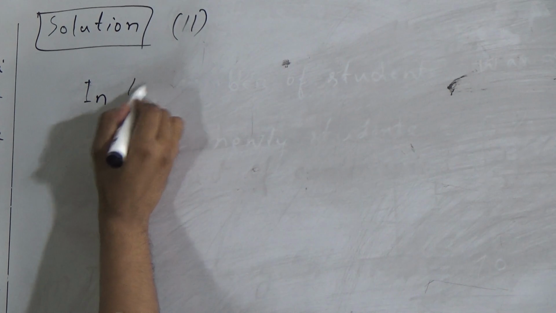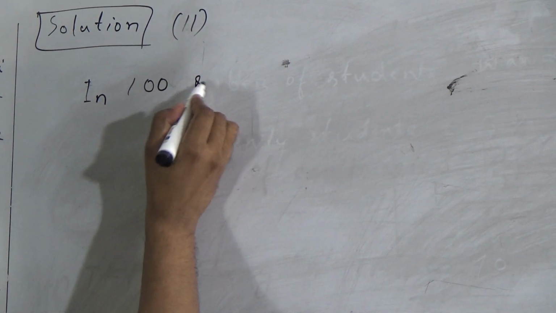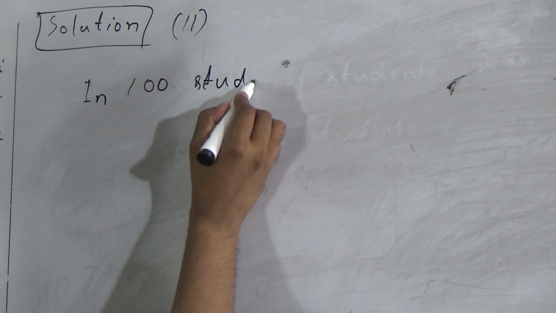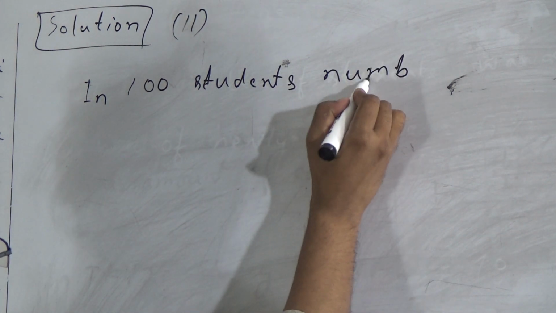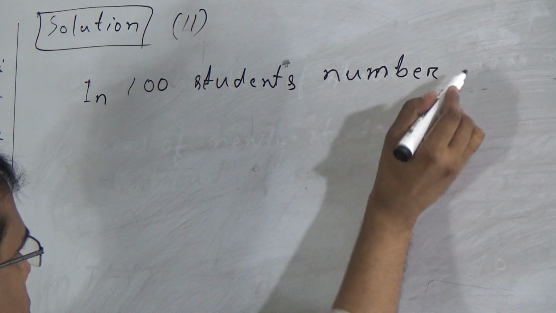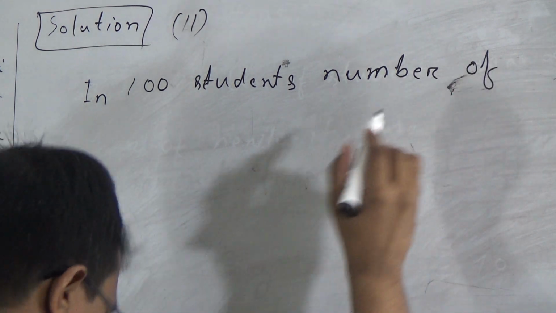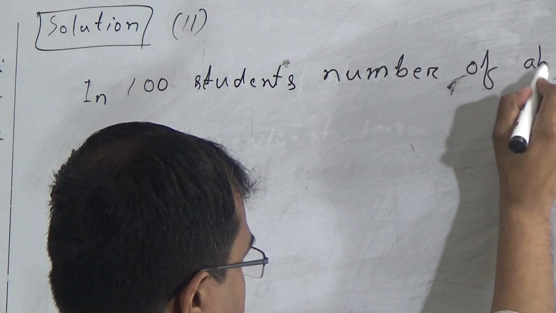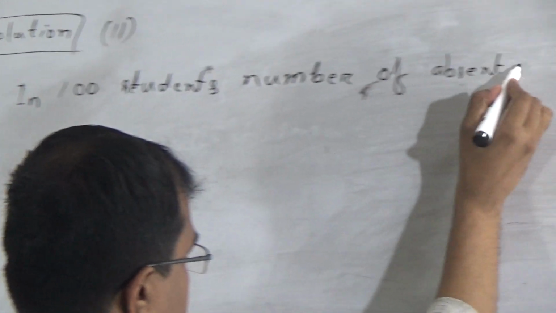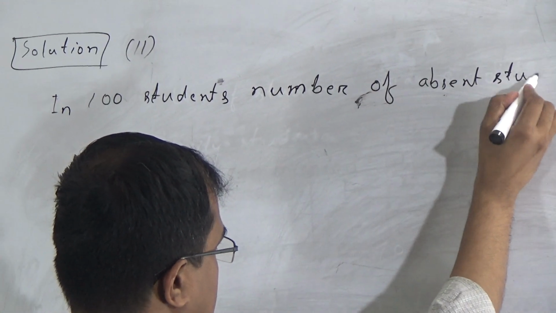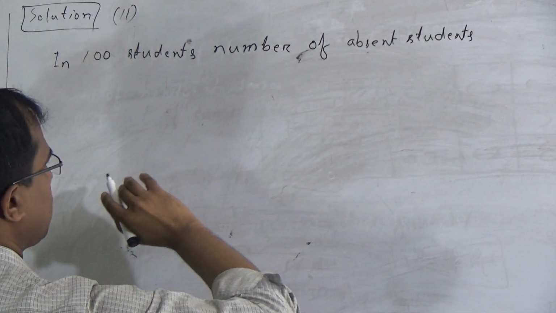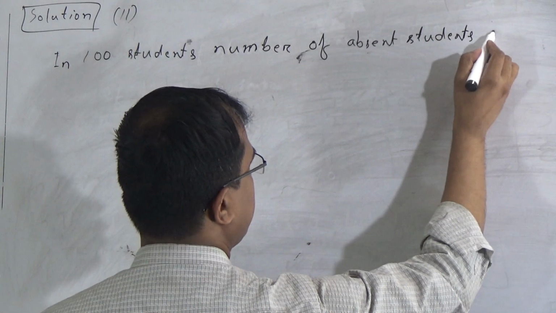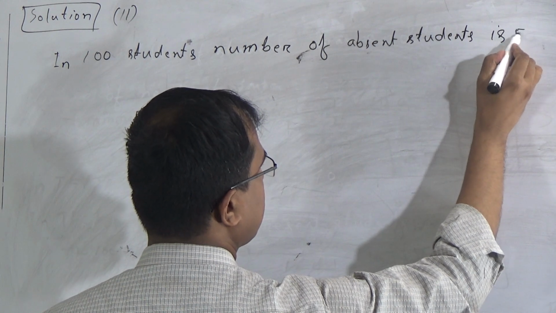In 100 students, number of absent students is 5.